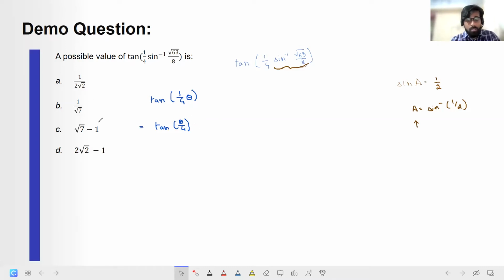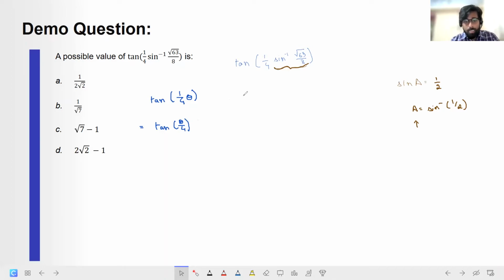But as you can see, none of these options fall under the values that we already know about, let's say 30 degree, 45 degree, 60 degree, 90 degree, and so on. So the value that I'm going to get is not one of those easier values. So in this question, my idea would be to consider theta by 4 as an angle itself.